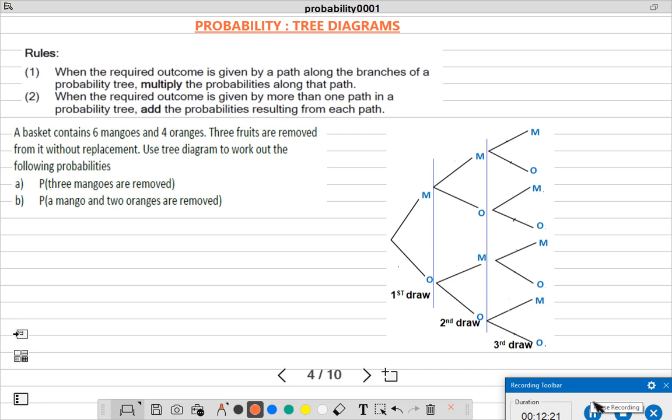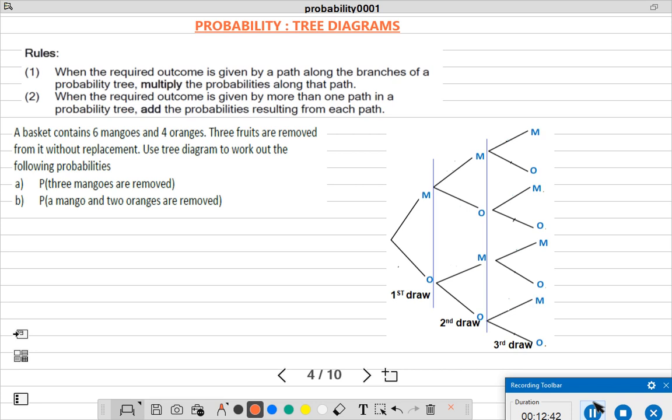So now, let us look at probability tree diagrams. Probability tree diagrams are used to determine the possible number of outcomes or the sample space, as we are going to see in this example here.